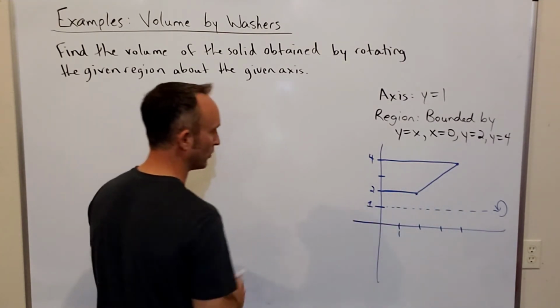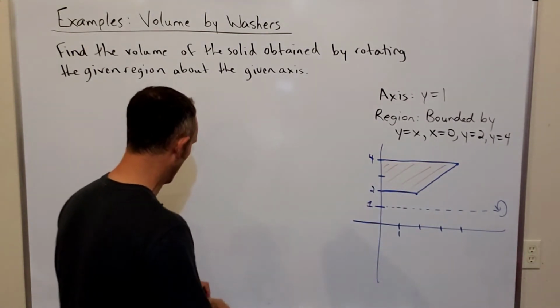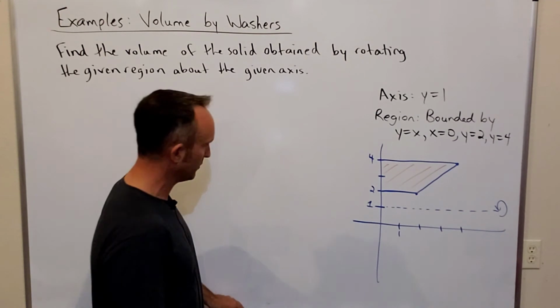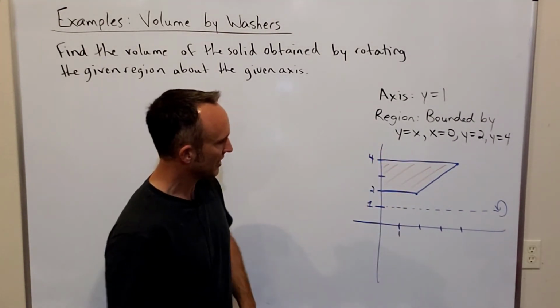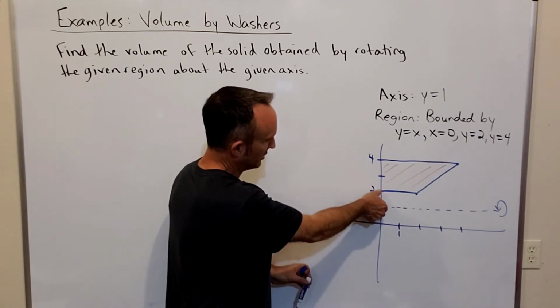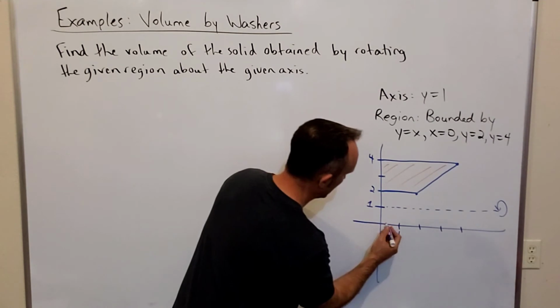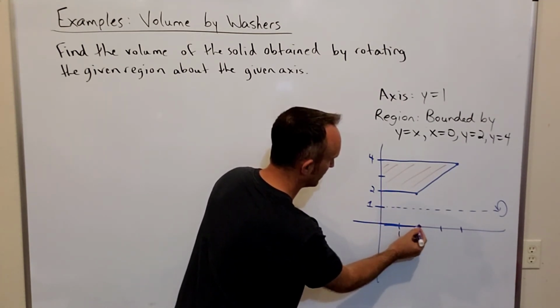So the region we're looking at again is this region here. And what we're going to do is take it and swing it over this horizontal line y equals 1. So we have to draw a mirror image of our region on the other side. I'm looking at a unit of 1 away from my axis of rotation, so I'll go 1 unit below, and I'll mirror this small side of the trapezoid right there.